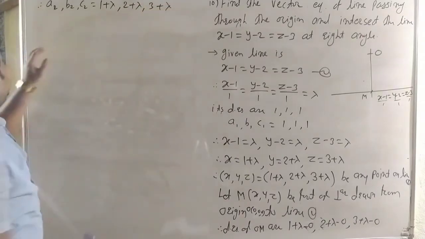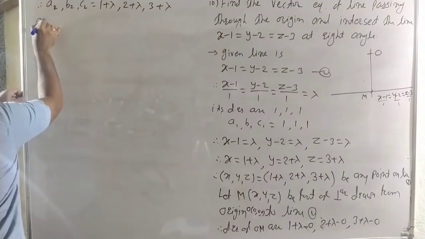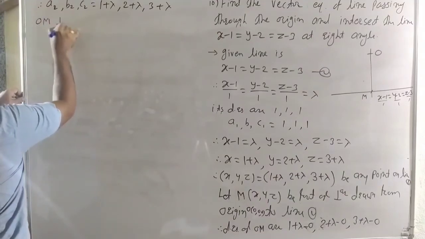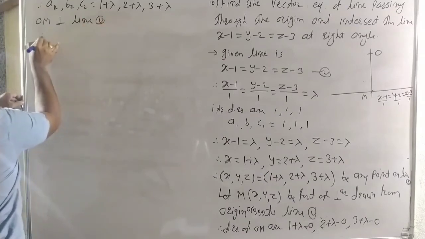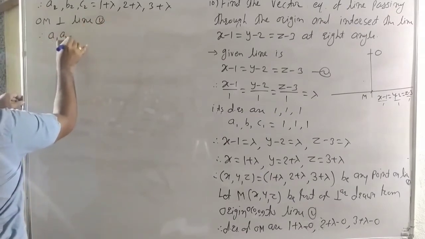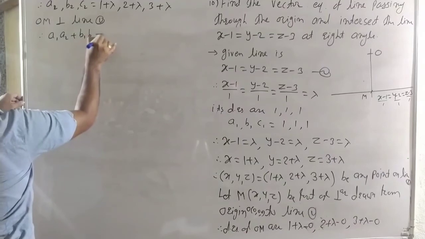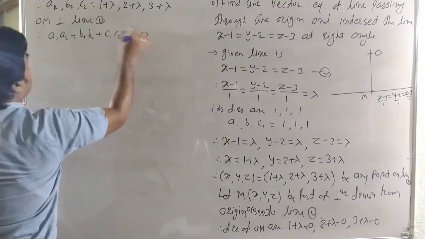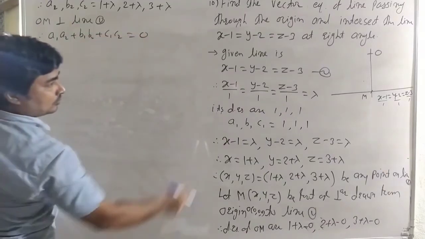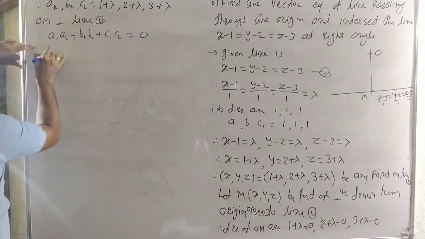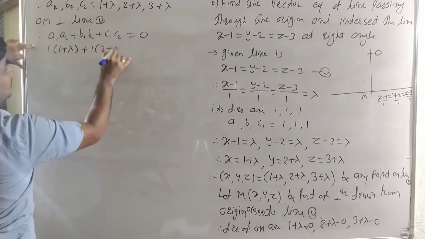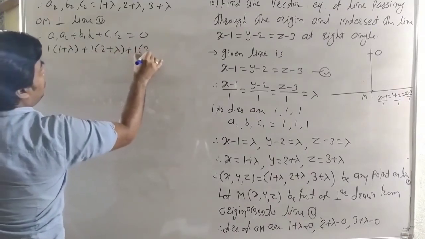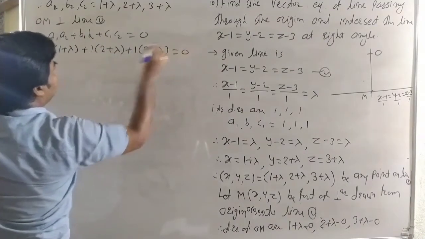See carefully. Now OM is perpendicular to line 1, and therefore we can write a1 a2 plus b1 b2 plus c1 c2 is equal to 0. a1 is 1, so 1 into 1 plus lambda plus 1 into 2 plus lambda plus 1 into 3 plus lambda is equal to 0.